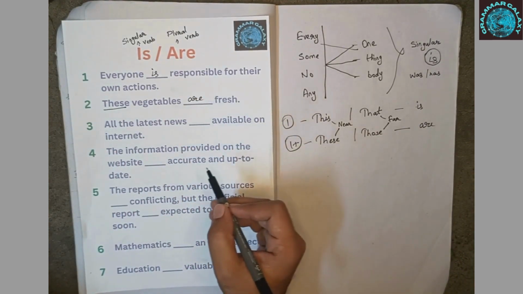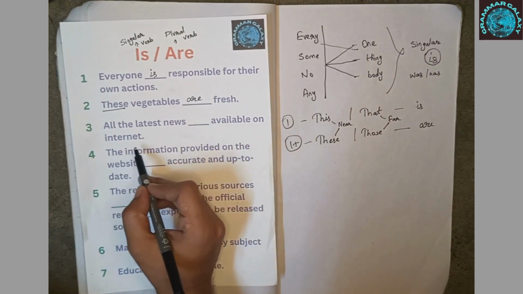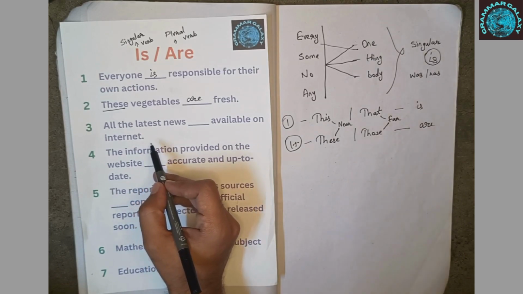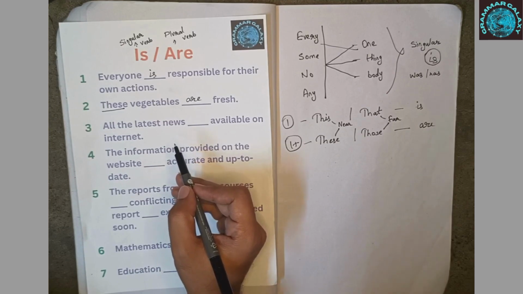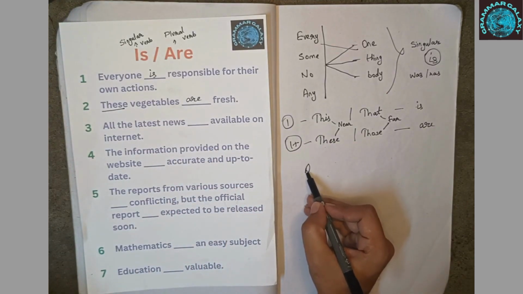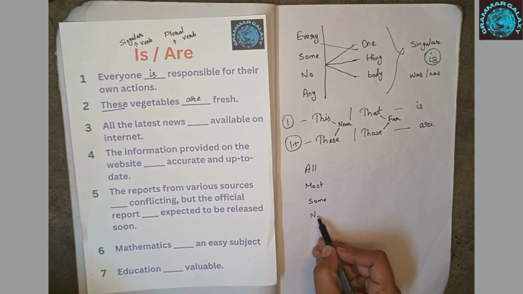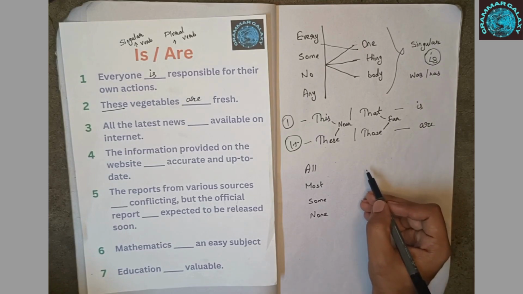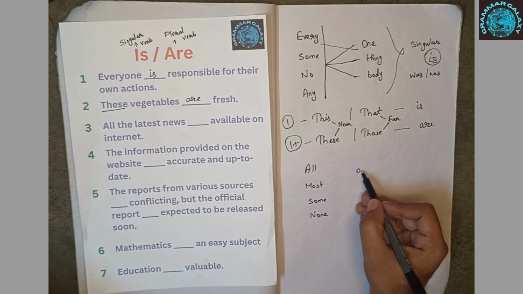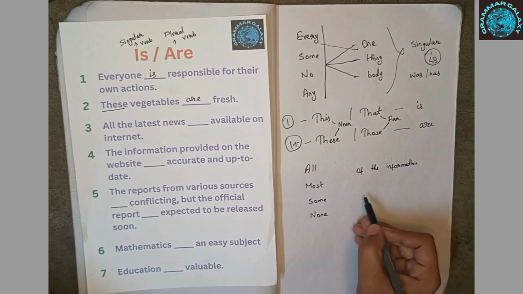Let's see these examples. All the latest news that's available on internet. Now here comes countable and uncountable nouns. Listen guys, whenever you see all, most, some, none, or any of these words used in a sentence with, suppose, information, or you can use with of the reports.